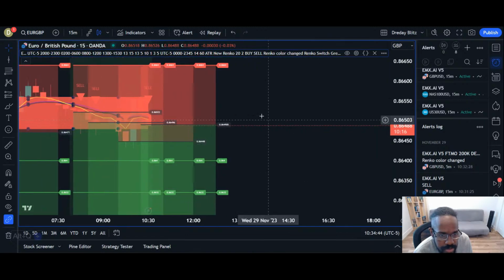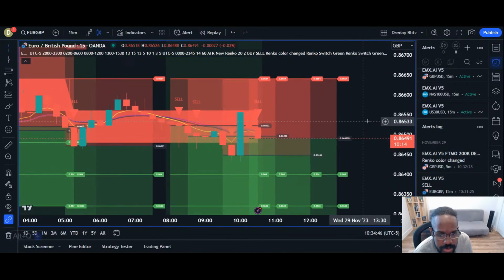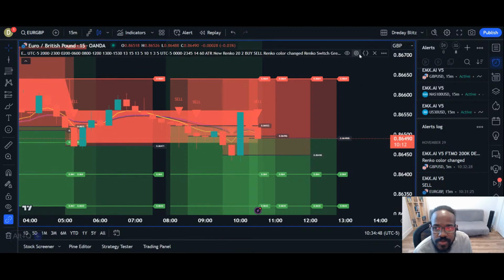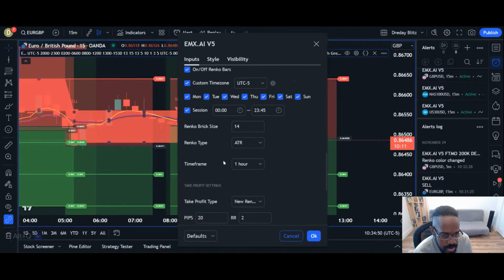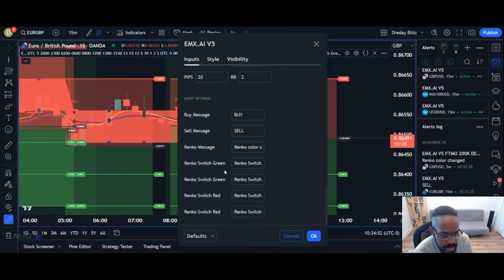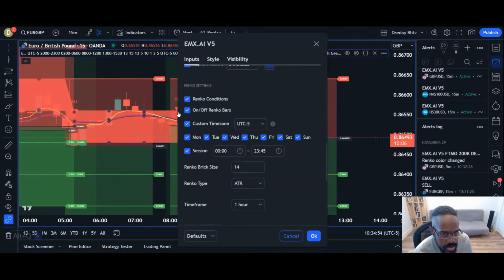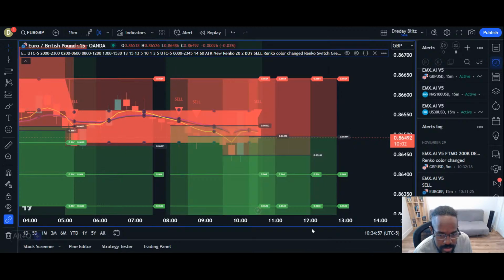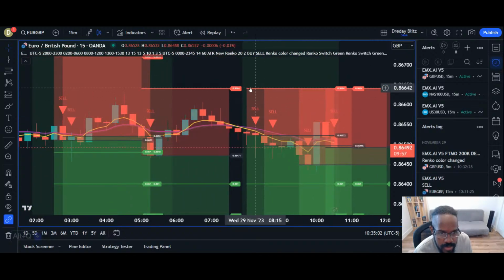Boom. So Euro GBP, and I'm just gonna remove the Renko so you could see. Do on and off Renko. Boom. There we go.